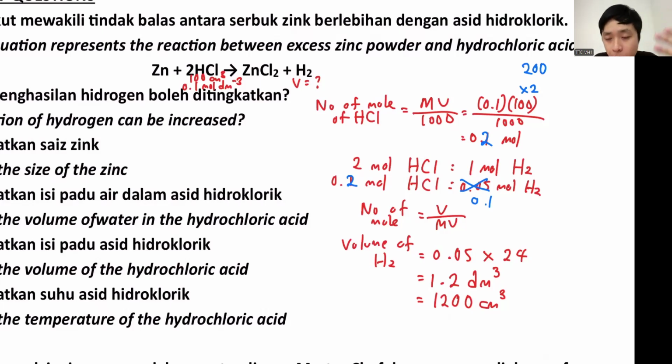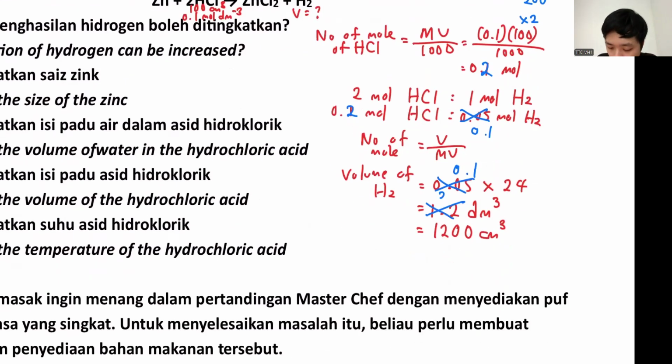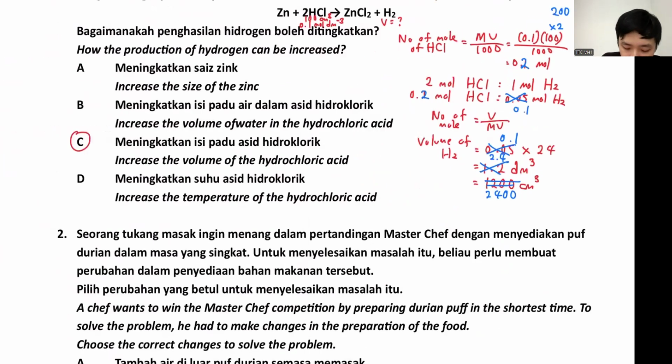If everything multiply by 2, then the mole also multiply by 2. Then the volume you will get is 2.4 dm cube, which is 2400 cm cube. That's why you should increase the volume of hydrochloric acid. Then your volume of H2 will also increase because of this effect.